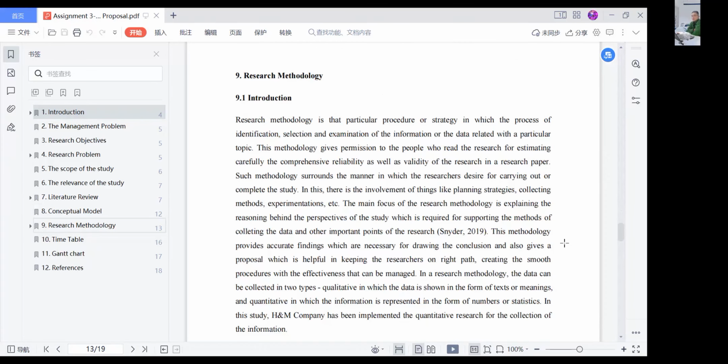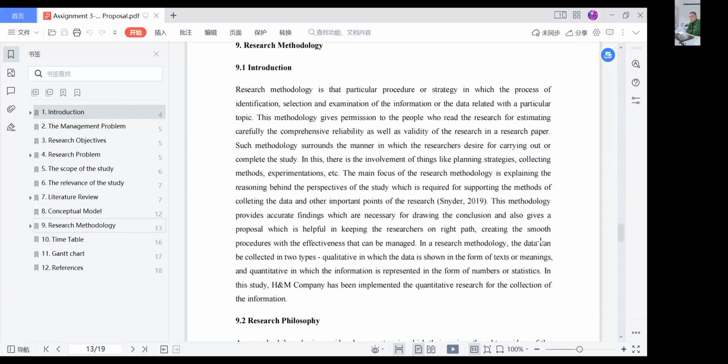Next is the research methodology. Research methodology is that particular procedure or strategy by which the identification, selection, and examination of the information or data related to a particular topic is carried out.